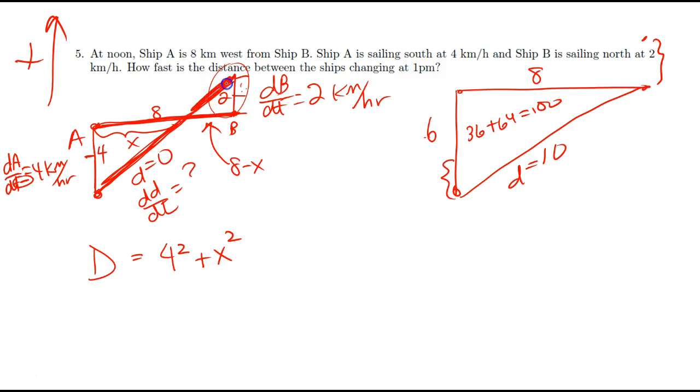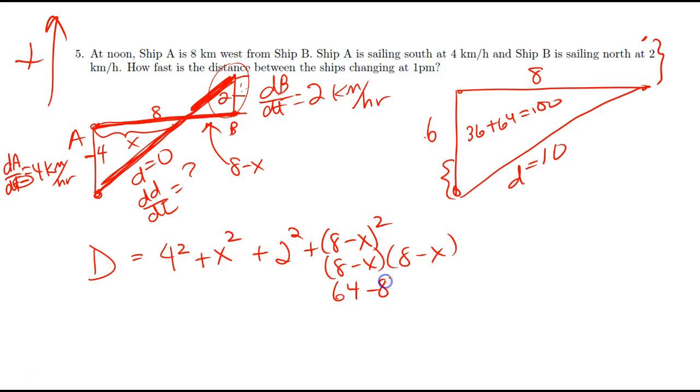The second diagonal here is 2 squared plus 8 minus x squared. Let's FOIL this. 64 minus 16x plus x squared. That's a plus x squared.